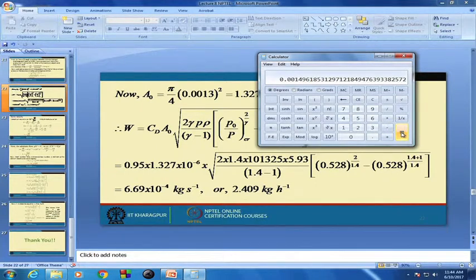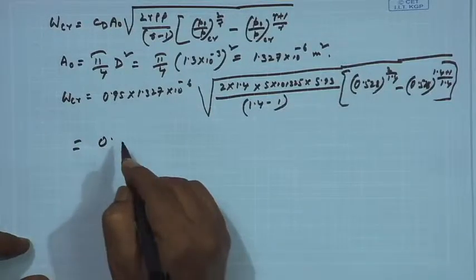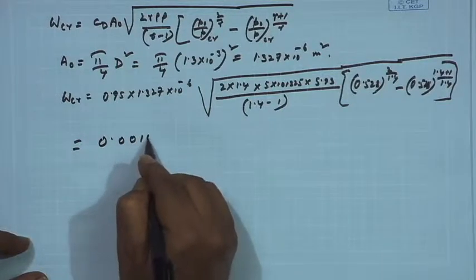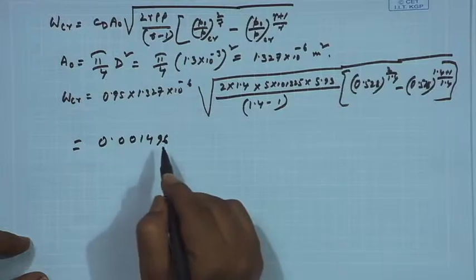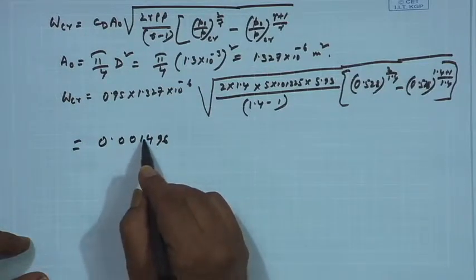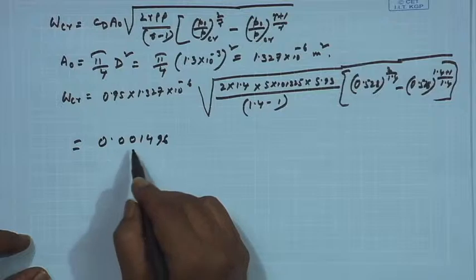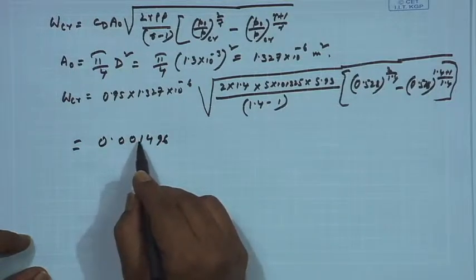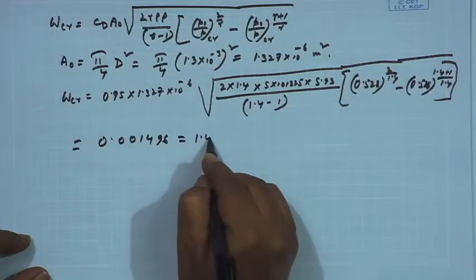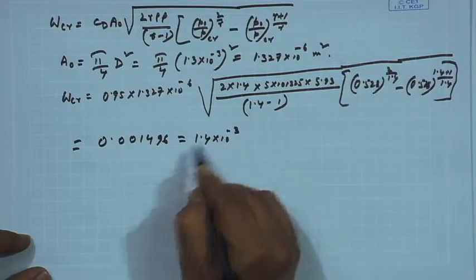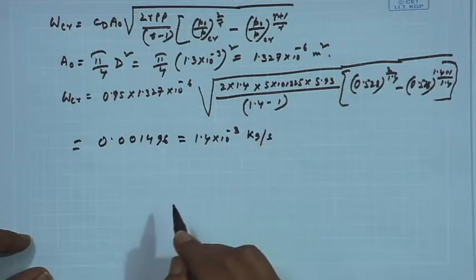So 0.001496, so it is 1.4 into 10 to the power minus 3 kg per second, right.